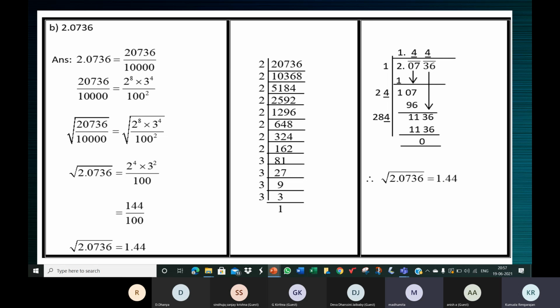Ma'am, 11116 is not a perfect square, ma'am. No, that's because you have not converted it to an improper fraction correctly. Your number is incorrect. It's a different number. What is your improper fraction, Madhumita? Please read. 11116 by 721.